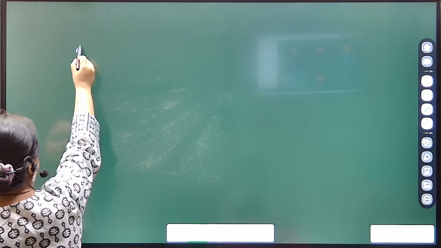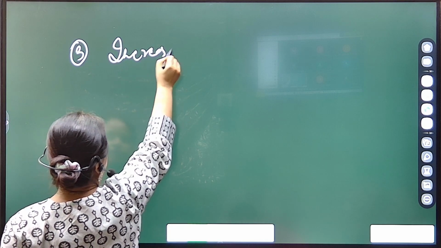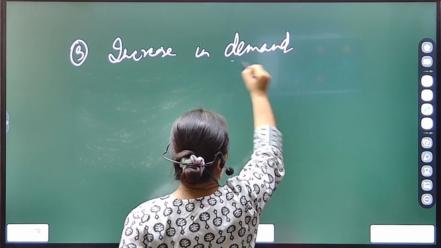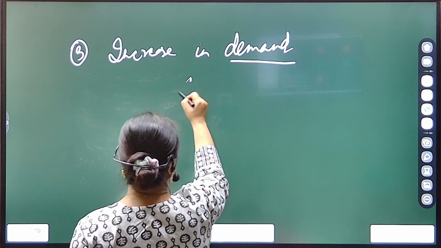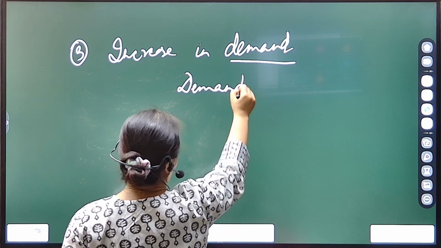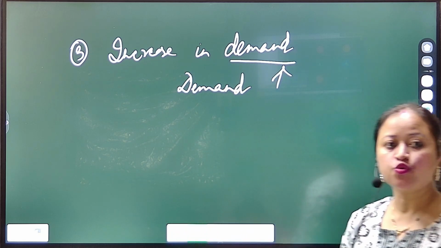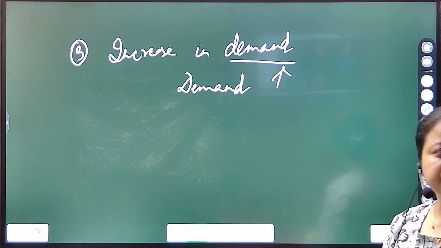Change in quantity demand. So next one is your increase in demand. Okay. So in increase in demand also demand increases, but not due to its own price, but due to other factors.